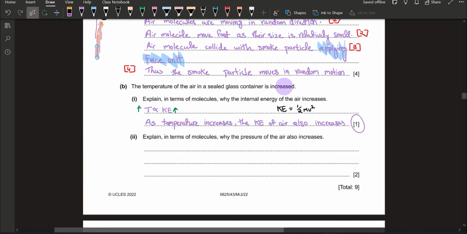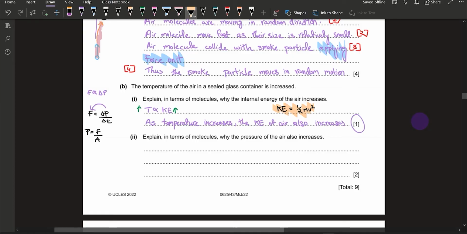Part 2 says explain in terms of molecules why the pressure of the air also increases. Now we have the formula for pressure, which is pressure equals force divided by area. And we know that force is change in momentum divided by change in time. Momentum is shown as p. And from this equation we can see that momentum is directly proportional to force. What is momentum? Momentum is mass into velocity. If we see the kinetic energy formula here, we can see the velocity increases as you increase the kinetic energy.